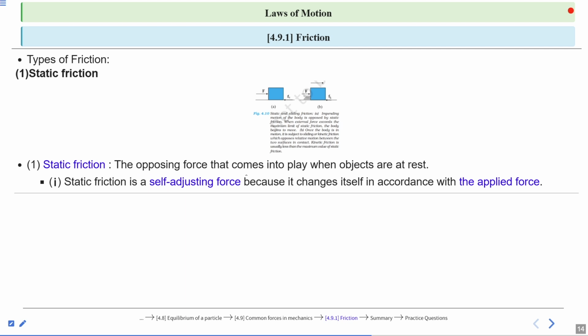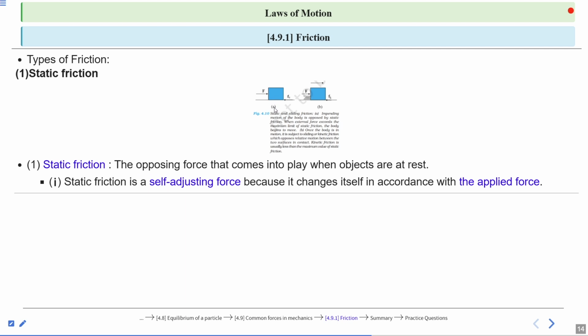So here static friction is equal to the applied force. A simple idea: imagine you are trying to push a heavy box on the floor like this. This is a block and you are trying to push a heavy box on the floor. At first the box does not move. Yes or no?